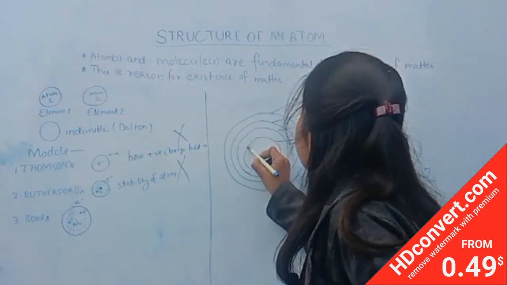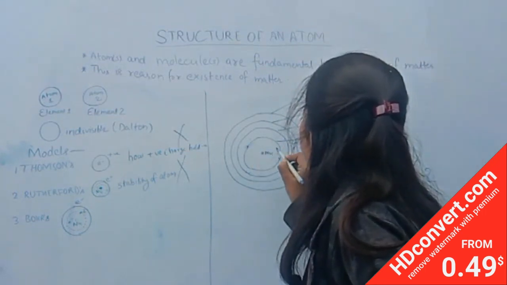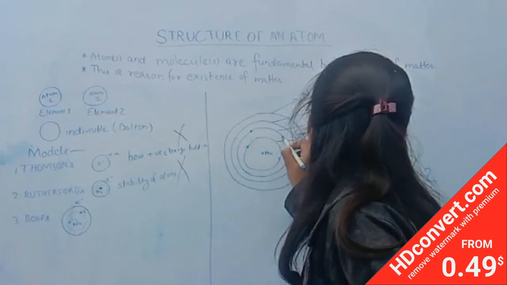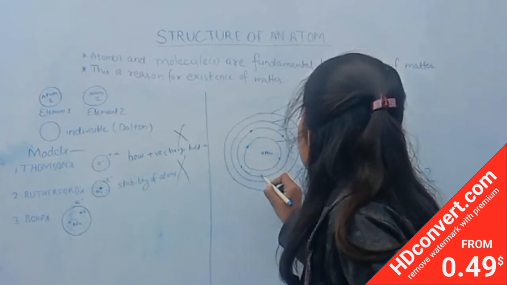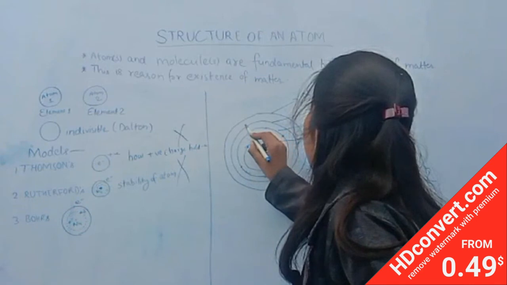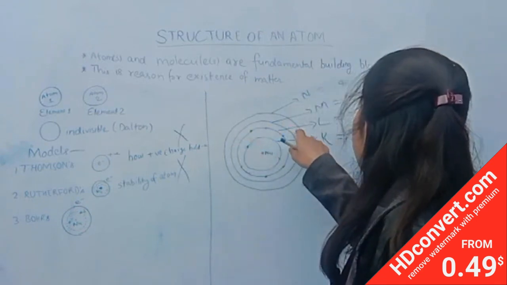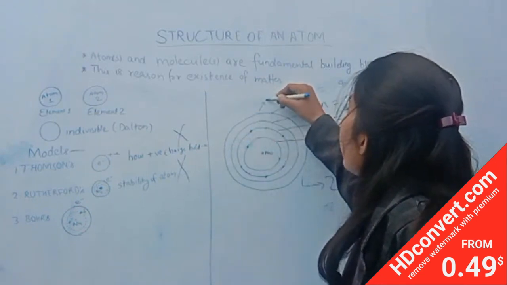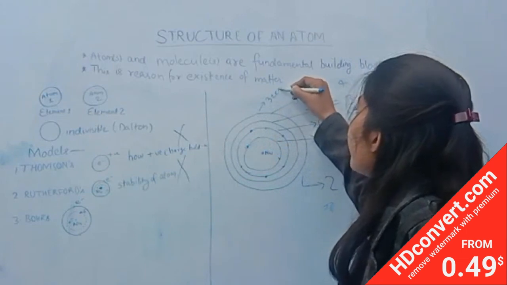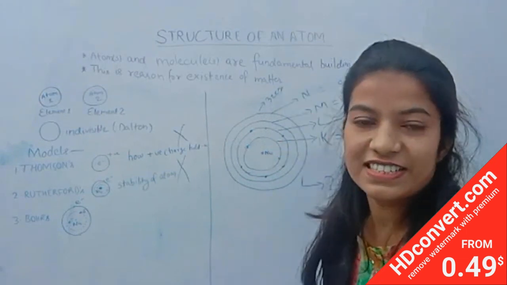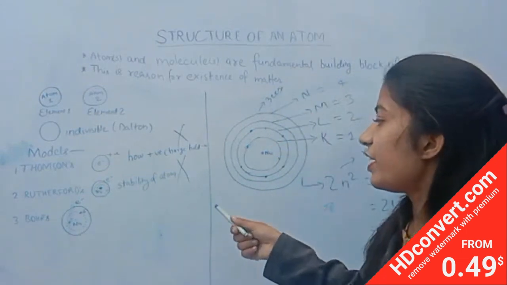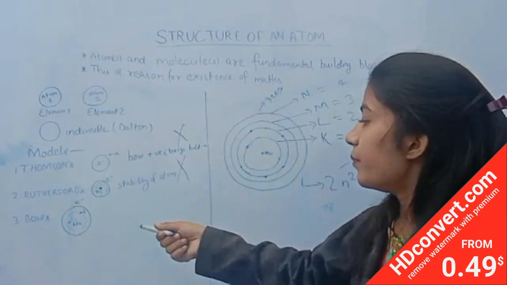This K will accommodate 2 electrons, this L will accommodate 8 electrons, this M will accommodate 18, and this N will accommodate 32 electrons. So this is the proposed model of the atom by Niels Bohr.